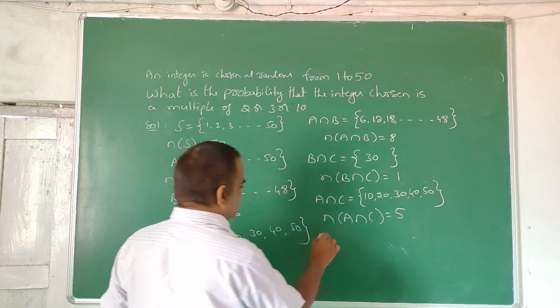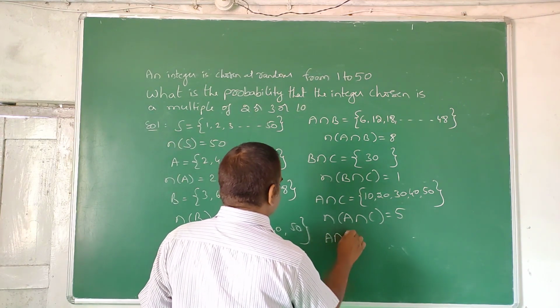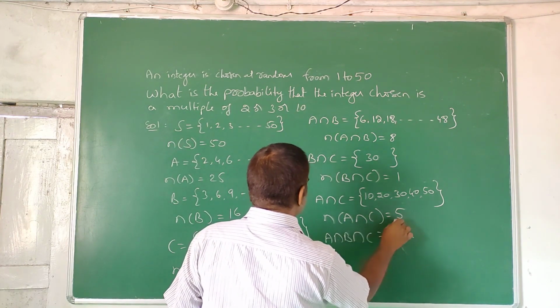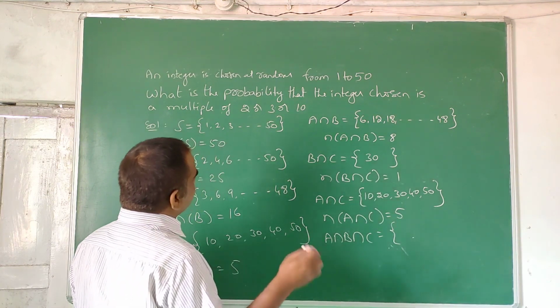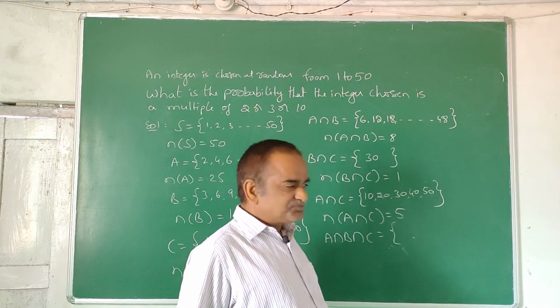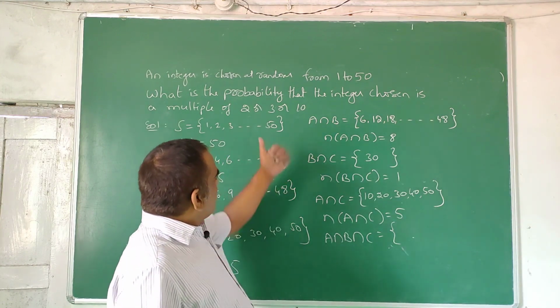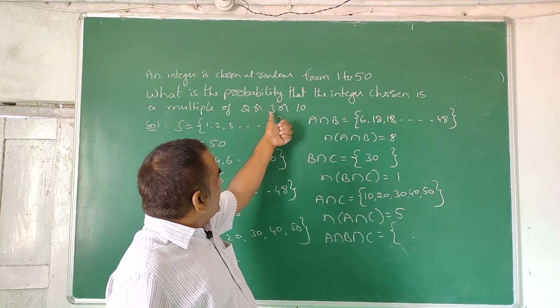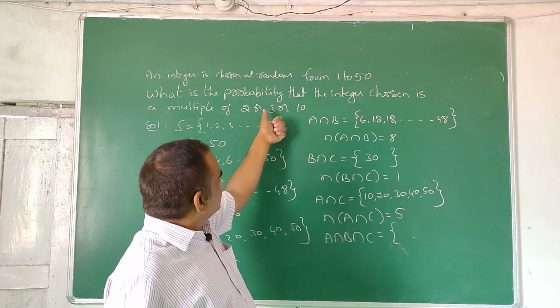Next, A intersection B intersection C. So multiple of 2 and 3 and 10. Right? So multiple of 2 and 3 means multiple of 6.